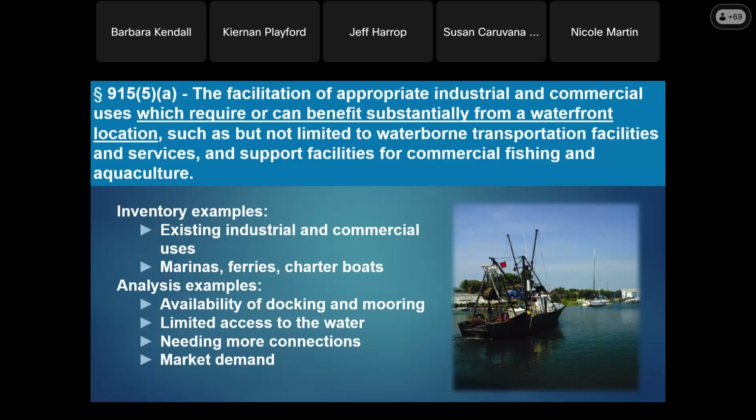Some examples of these uses are industrial plants requiring water for processing, commercial fishing and aquaculture, industrial docking facilities and marinas, and ferries and charter boats. The analysis portion would look at whether there is enough docking and mooring to handle the demand, whether there is enough access to the water, or whether more connections are needed, and what the current and projected market demand is for the current and projected water uses.